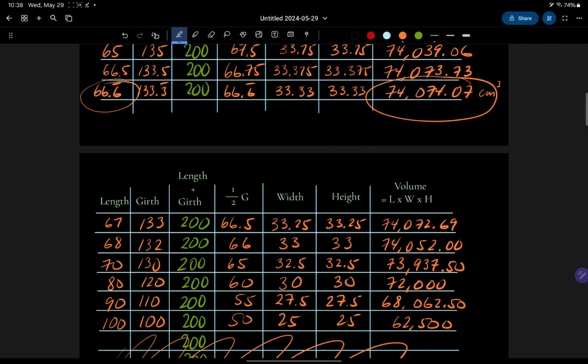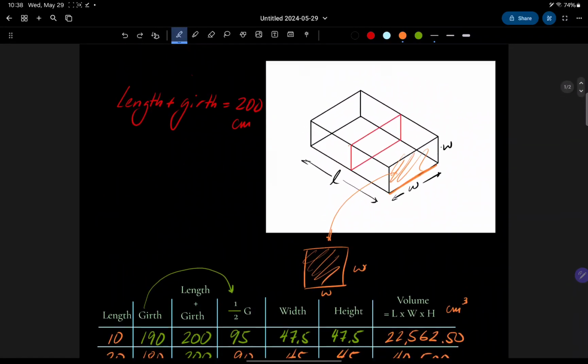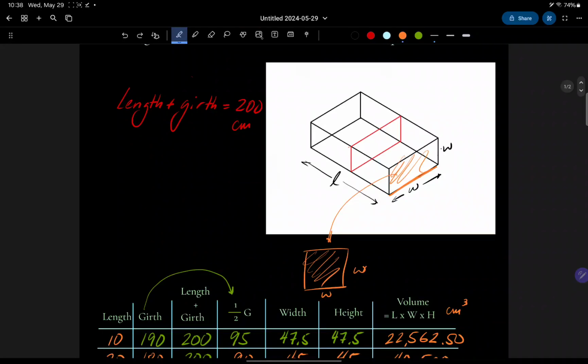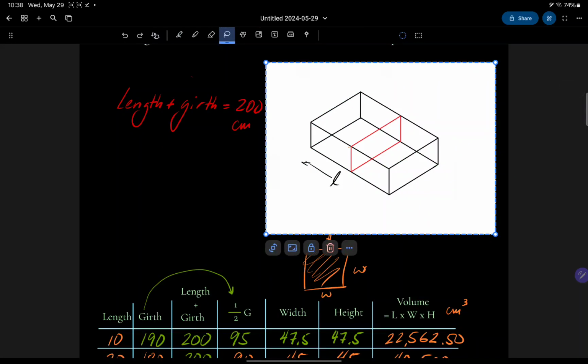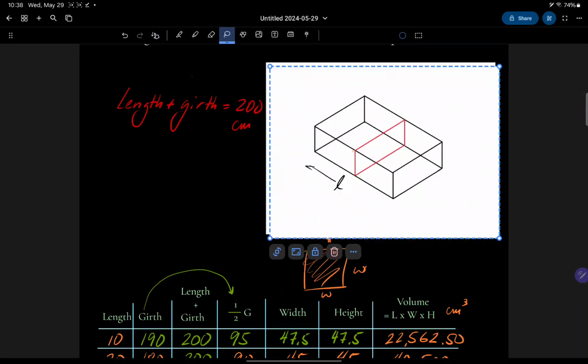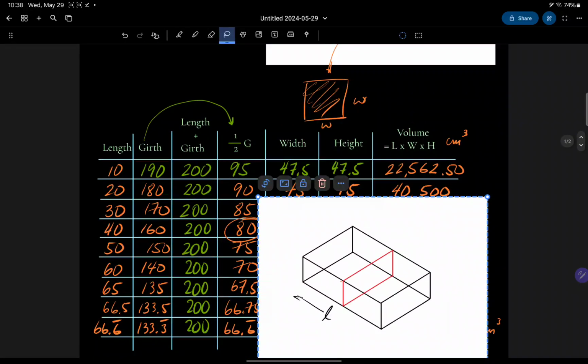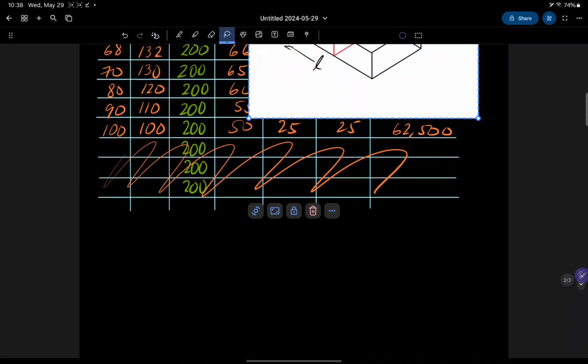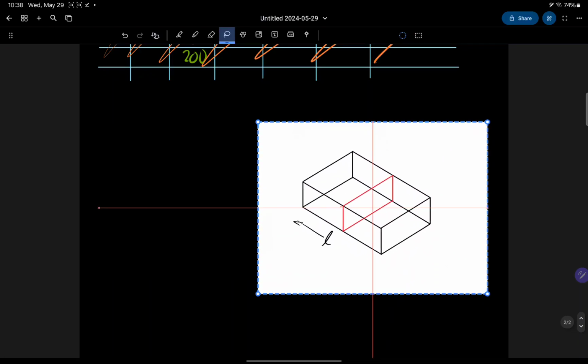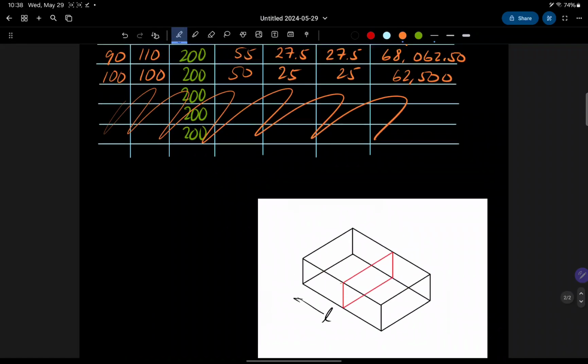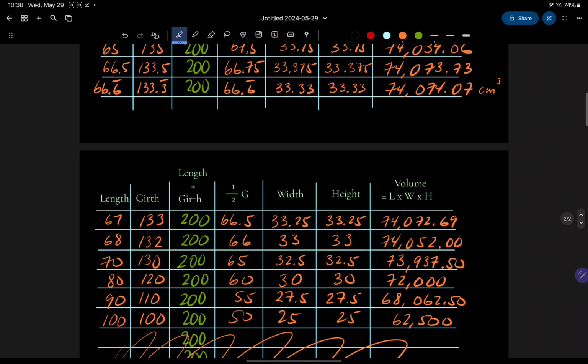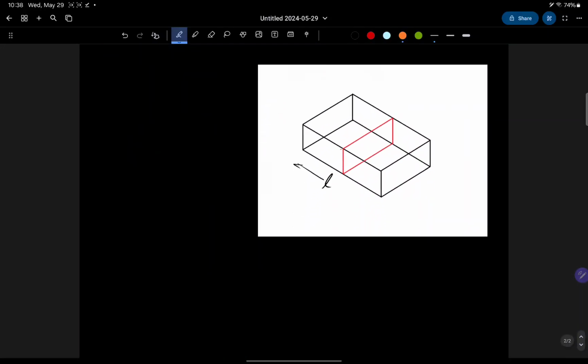66.6 for the length. So we're going to go up here. We're going to copy this and duplicate it, bring it down. So from this table, we see that the maximum volume happens when the length is 66.6.